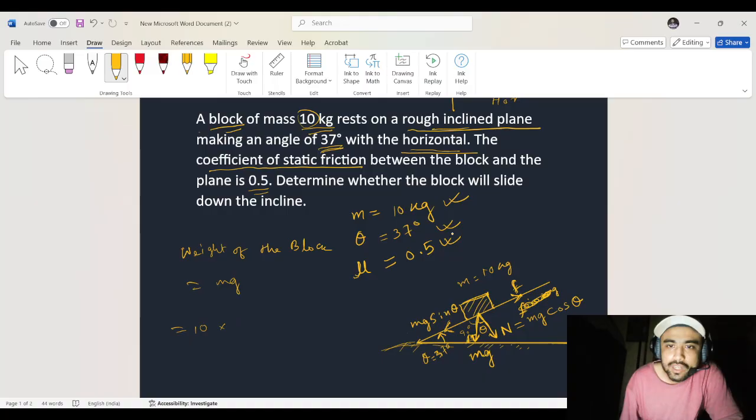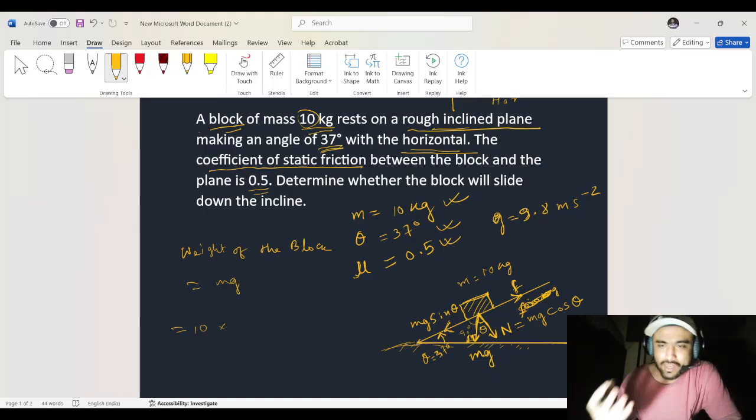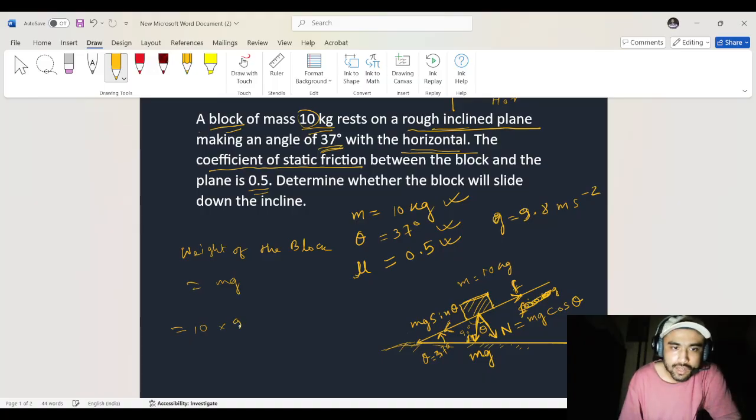The value in general, the value of g is 9.8 or 9.81. Let me just write 9.81 meter per second square. In some cases, we approximately assume it as 10 meter per second square. But in this case, I'll assume it 9.8 meter per second square.